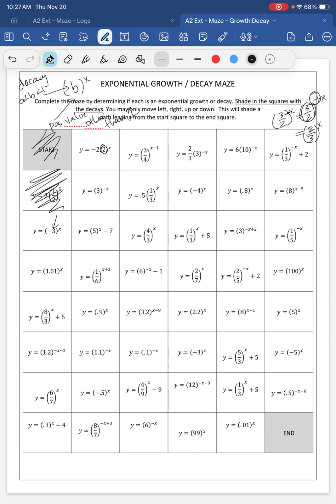But if I look to the right here, the base currently is not between 0 and 1, but think of this like a 3/1, and then that negative 1 in the exponent spot, I'm going to break that off and apply that negative exponent property and just flip this base. All right, so then I can more clearly see that this is an example of exponential decay. So I want you to finish that maze. You can pause the video, try it out, and then I will explain about the logs maze.